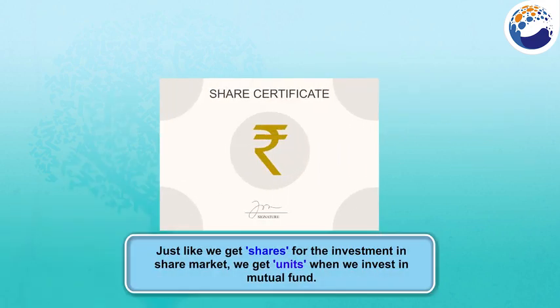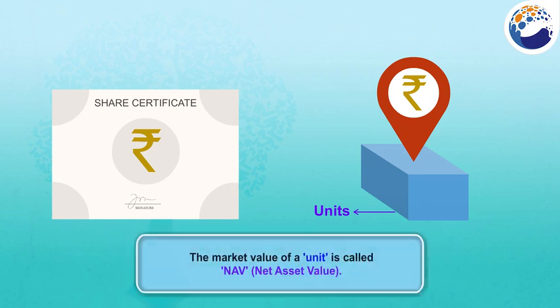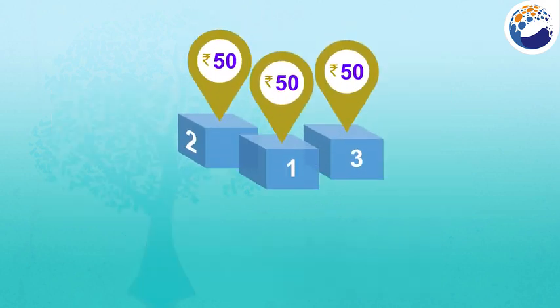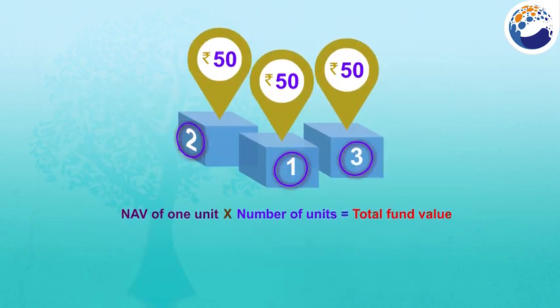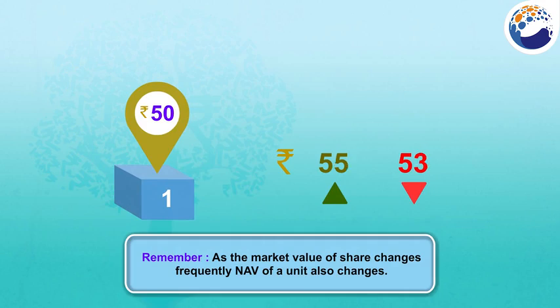Just like we get shares for the investment in share market, we get units when we invest in a mutual fund. The market value of a unit is called NAV, net asset value. NAV of one unit into number of units is equal to total fund value. Remember, as the market value of a share changes frequently, the NAV of a unit also changes.